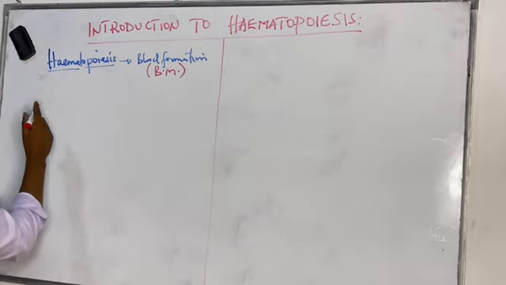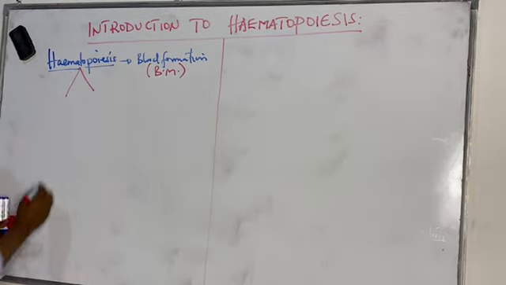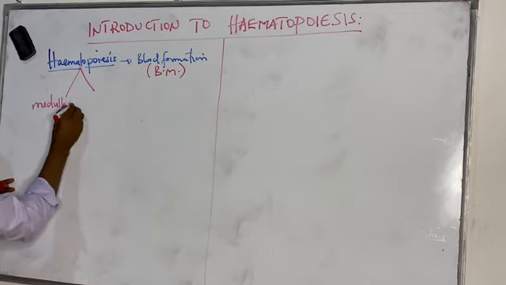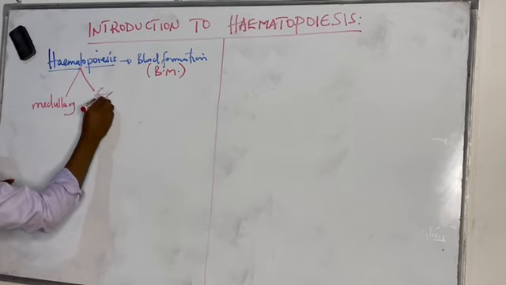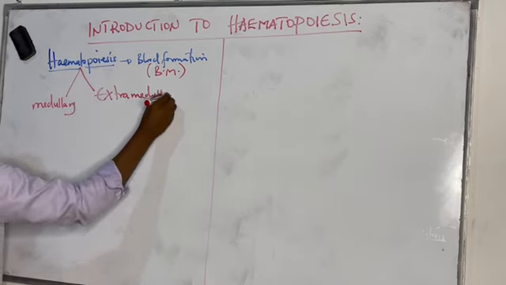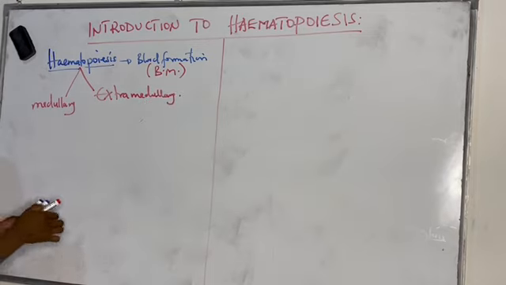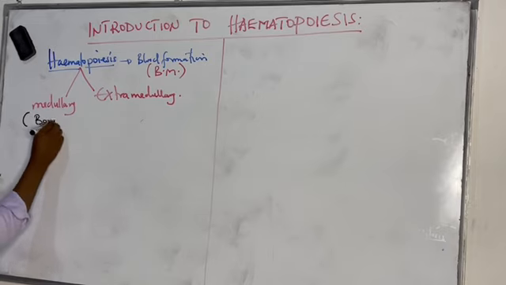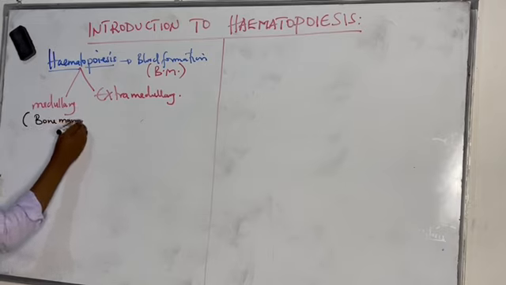So this hematopoiesis is divided into two: medullary and extramedullary. Medullary means hematopoiesis occurring in the bone marrow.